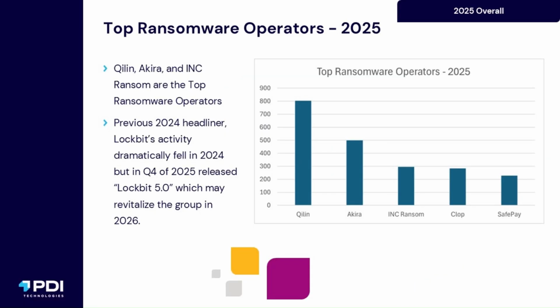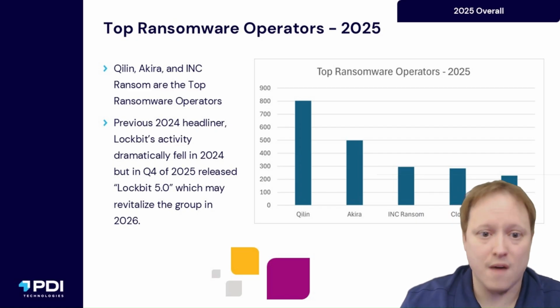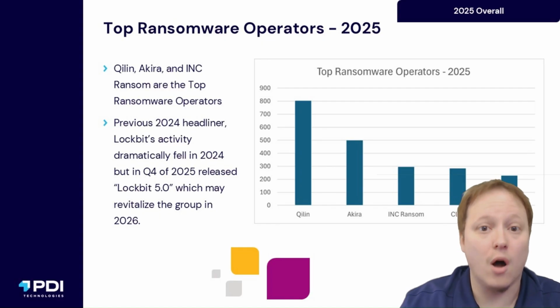When we look at our top ransomware operators in general, as I mentioned before, Qilin remains very, very active. Akira, Inc. Ransomware, those are some of your very top ransomware groups. Lockbit was one of the most prevalent ransomware operators in 2024 and has fallen off very, very hard through 2025, basically due to the law enforcement disruption that they witnessed.